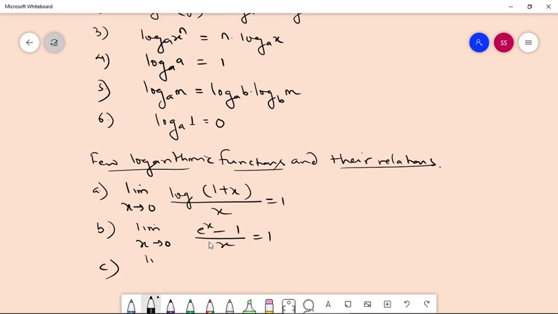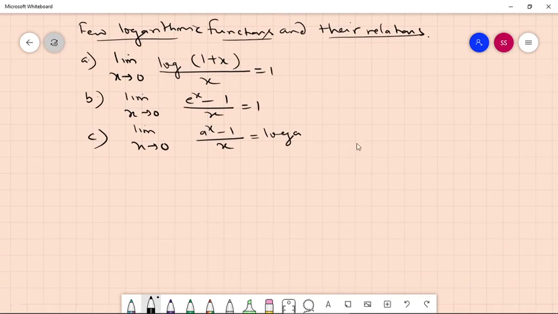C, limit x tends to 0, (a to the power x minus 1) by x equals log a. This relation also we have discussed.